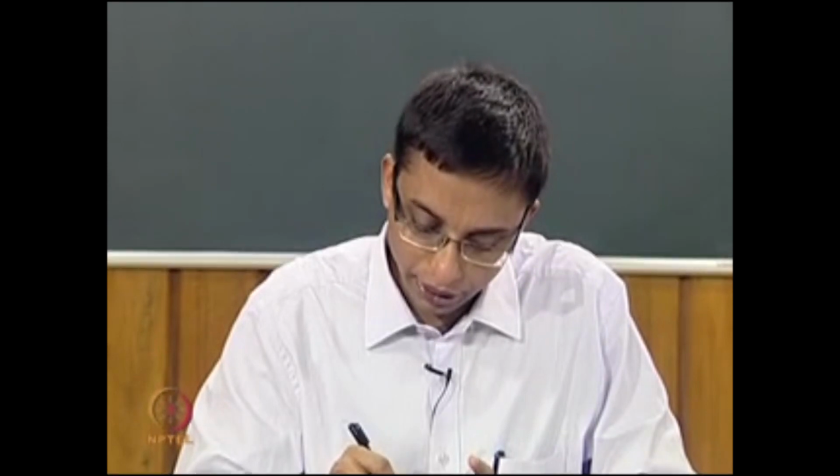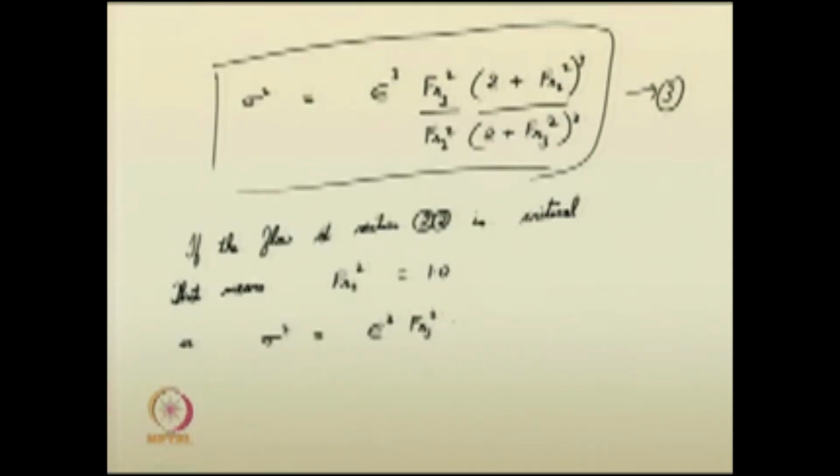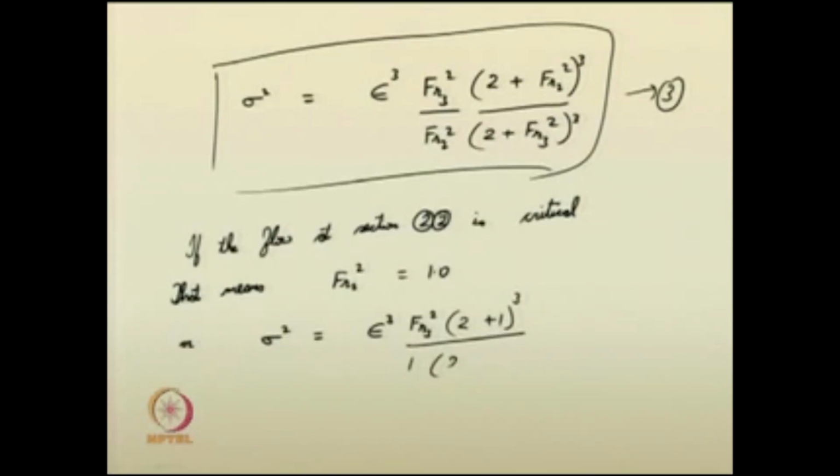So, what we can suggest is, if the flow at section 2 is critical, that means your Fr2 squared is equal to 1, or sigma squared becomes epsilon cube Fr3 squared, and this is nothing but (2 plus 1) whole cube by 1 into (2 plus Fr3 squared) whole cube.